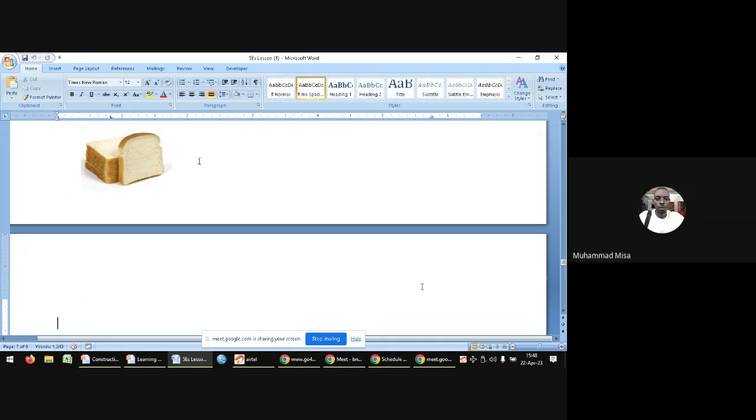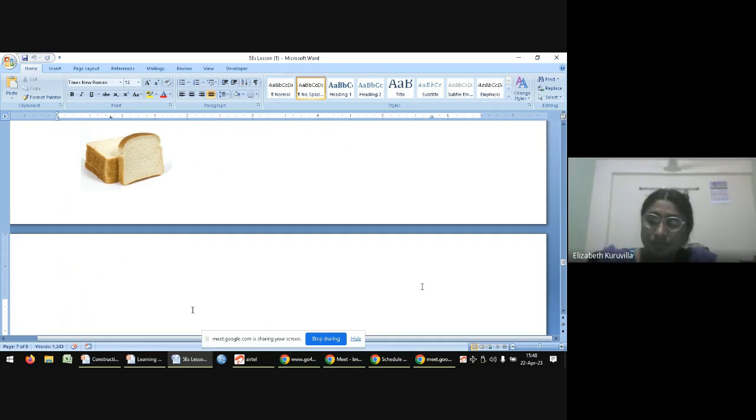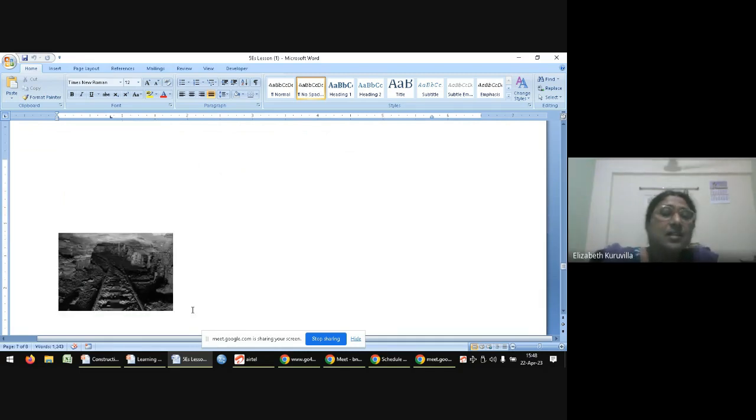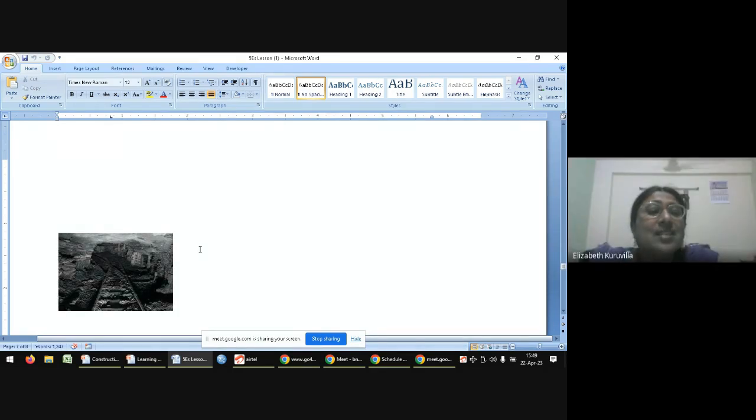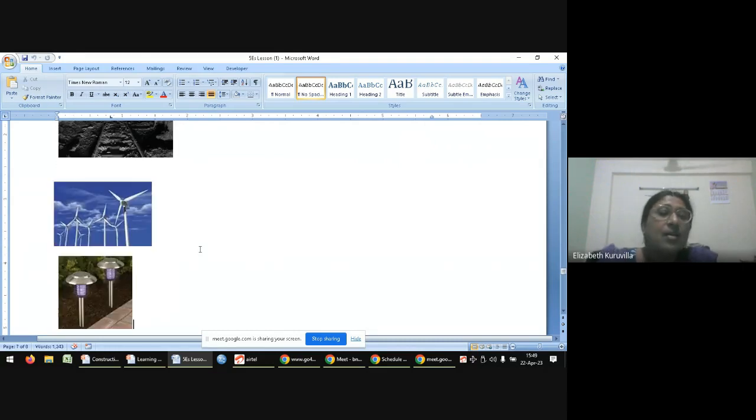Wheat. Wheat or maida. Next, what is the natural resource of this? It is not clear. Coal. This is a picture of coal mine. So coal is the natural resource. So what is the natural resource of this?